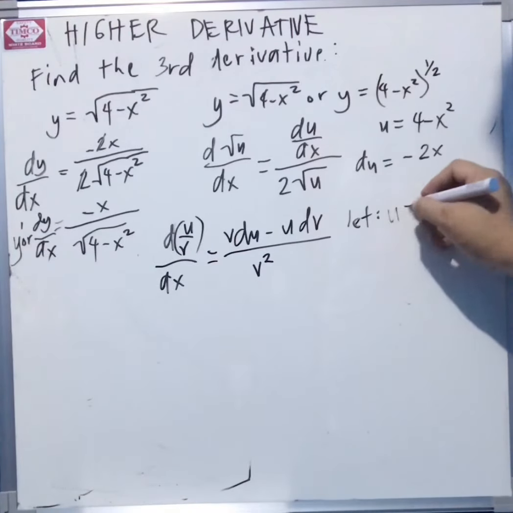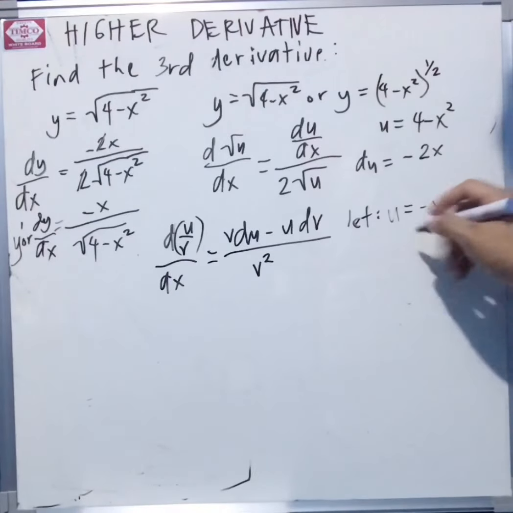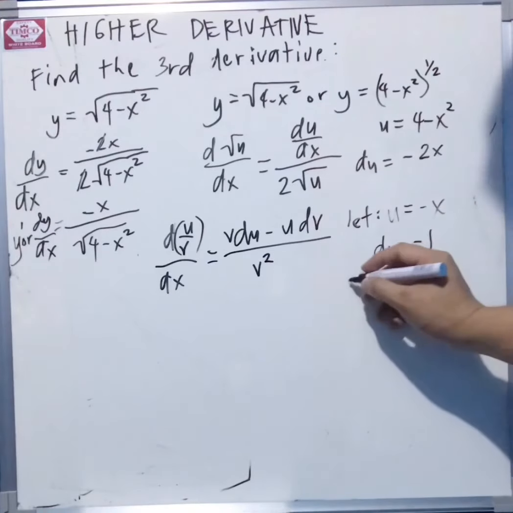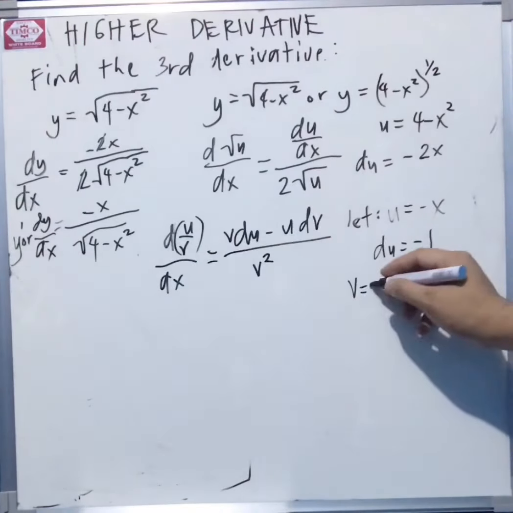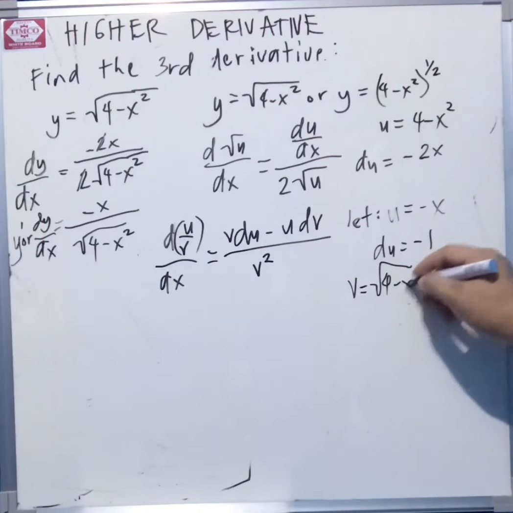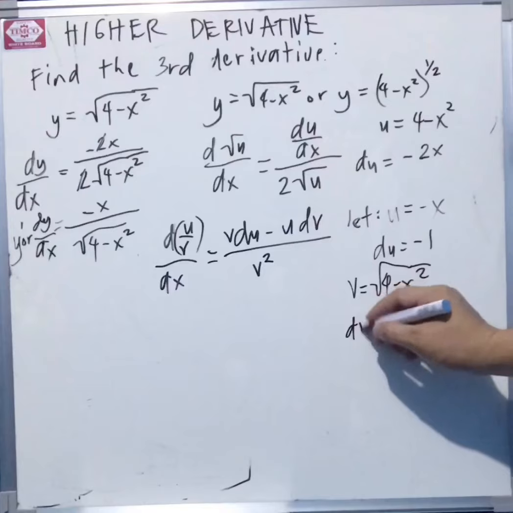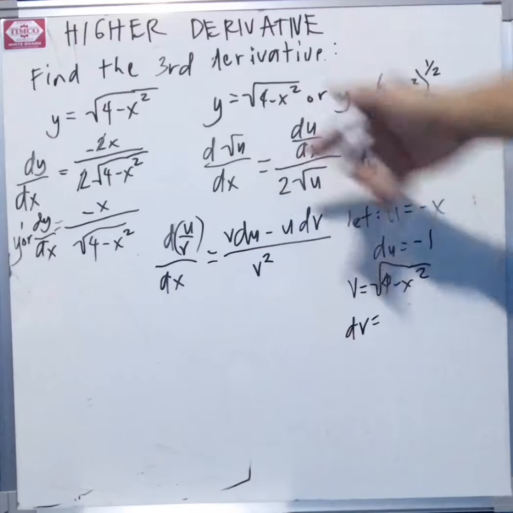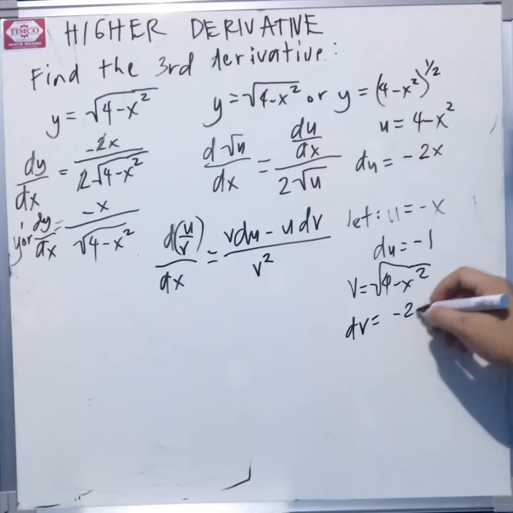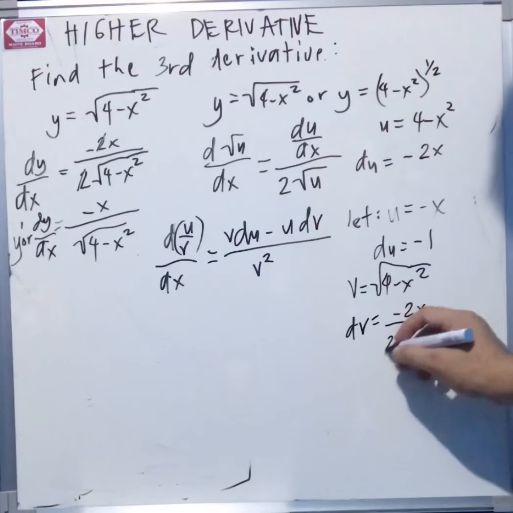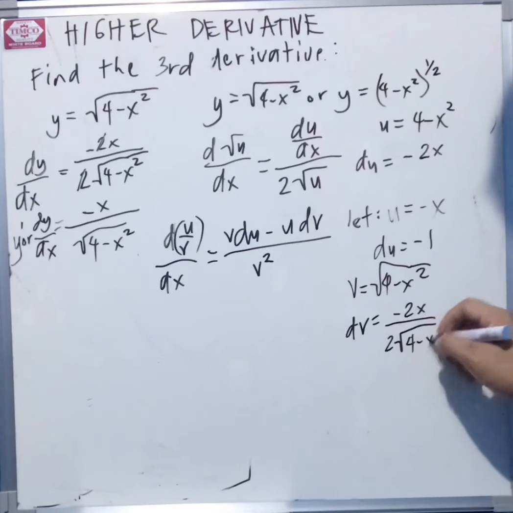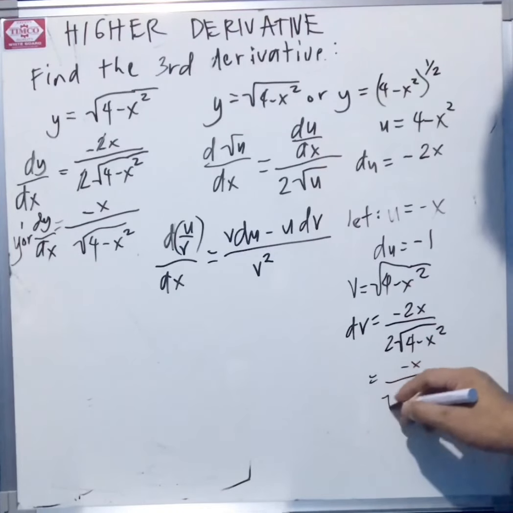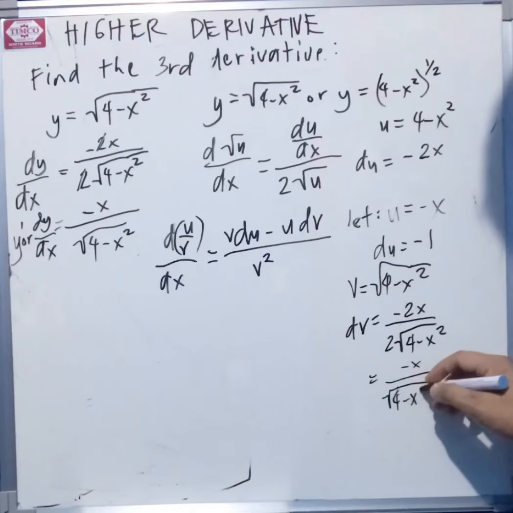So we let u equal negative x, so our du is negative 1. And then we have v, the square root of 4 minus x squared. Our dv is the same as in this form, so the derivative is negative 2x all over 2 square root of 4 minus x squared, which equals negative x all over the square root of 4 minus x squared.